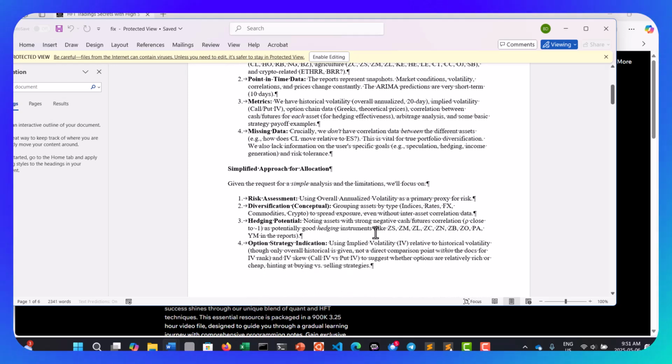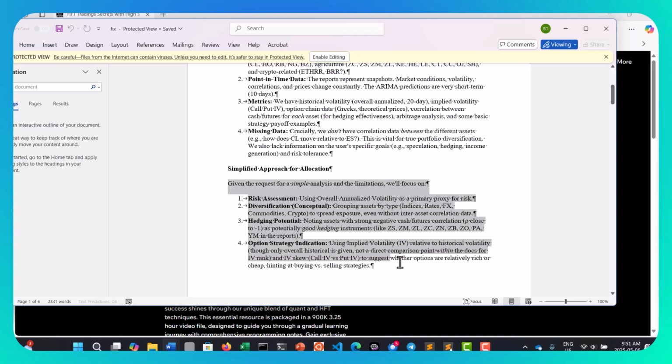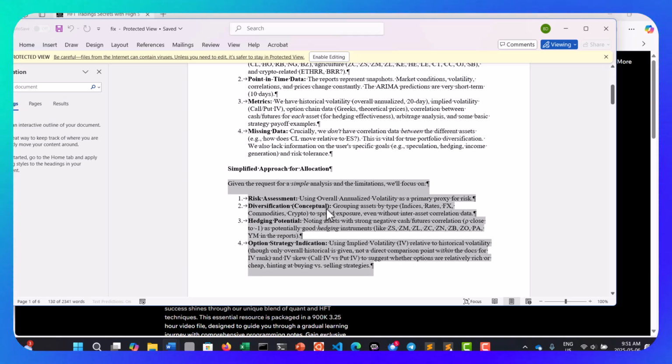That's pretty sophisticated. Okay. So here's how our allocation is measured. We've got a risk assessment, diversification, and again, I keep saying in the data we're providing it with the option chain data for each of the futures mentioned here, we're using simulated option chain data. It's very expensive to get that.